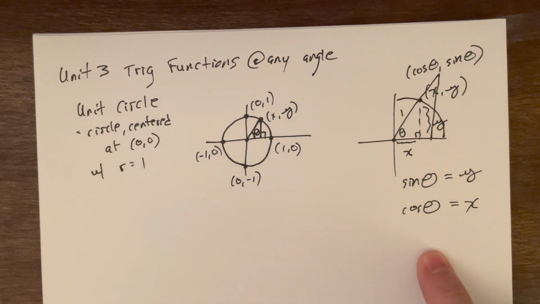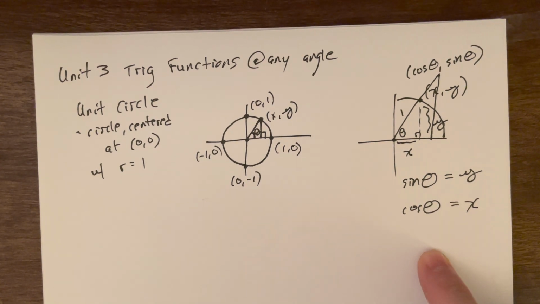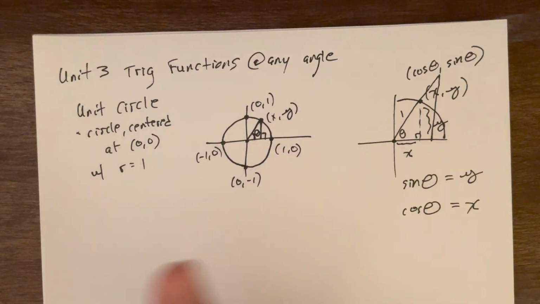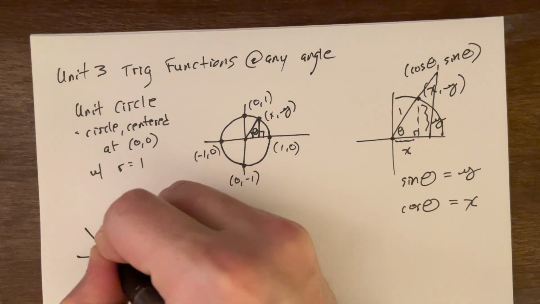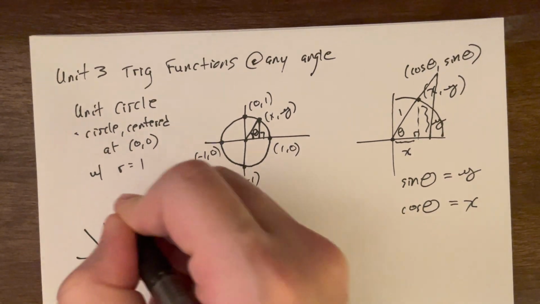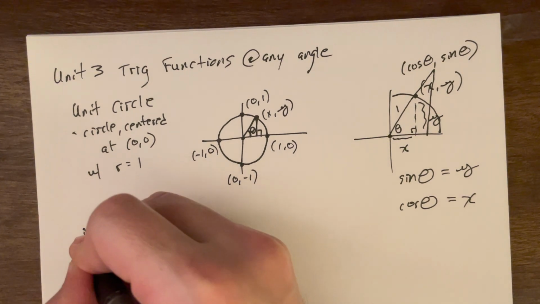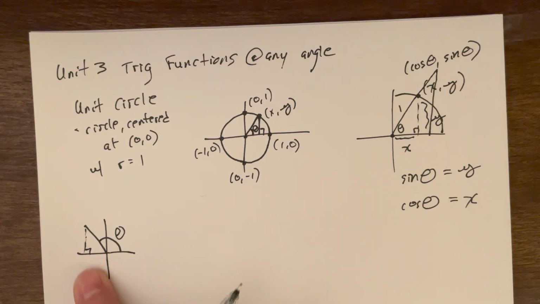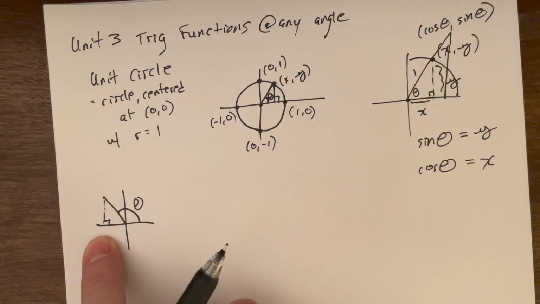How is this useful? Well, now, like I said, let's get into the other quadrants. So what happens if the terminal side of theta ends up over in the second quadrant? So there's theta. I would still make my right triangle to the x-axis, but now notice theta is no longer inside our triangle.